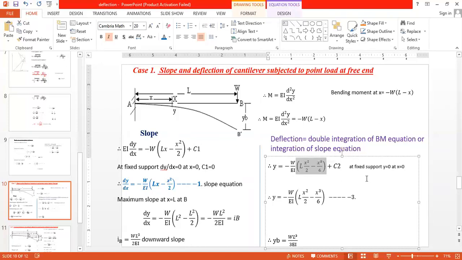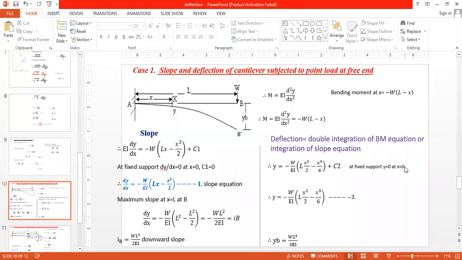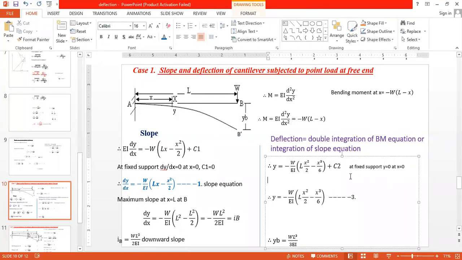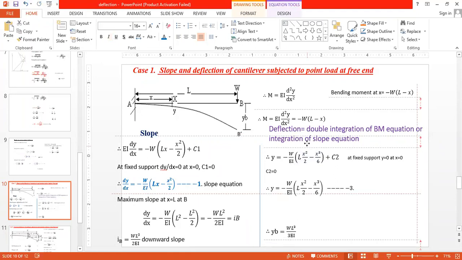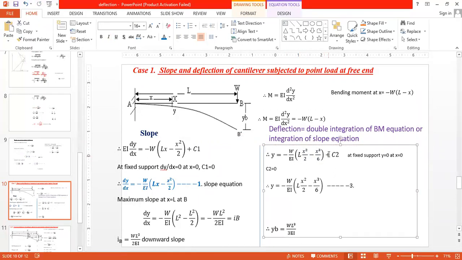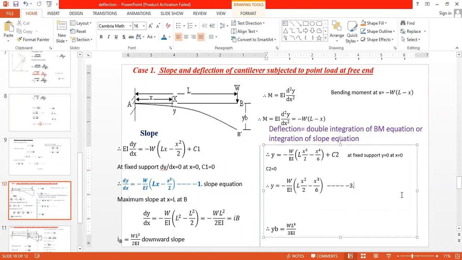Therefore you will get c2 equal to 0. Now when we put c2 equal to 0 in this equation, this term is 0, you will get y is equal to minus w by EI into l x square by 2 minus x cube by 6. Now this is your deflection equation.